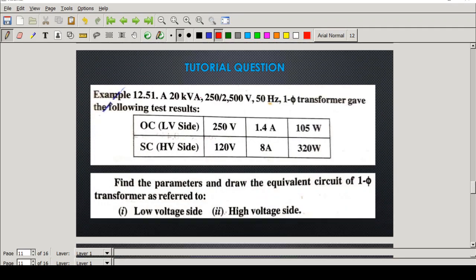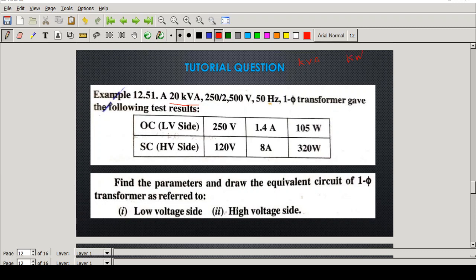Now the question is like this: a 20 kilovolt ampere transformer. Here you can see the power of the transformer is given in 20 kilovolt amperes. Suppose the power is in kVA and you want to convert it into kilowatt, just multiply it by cos phi.